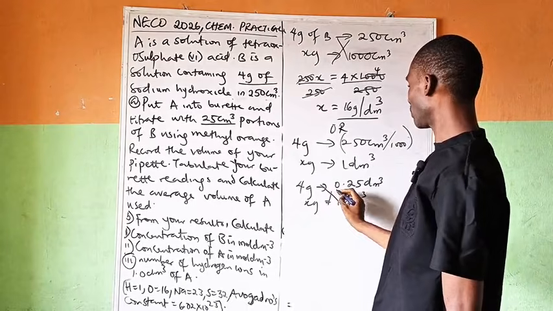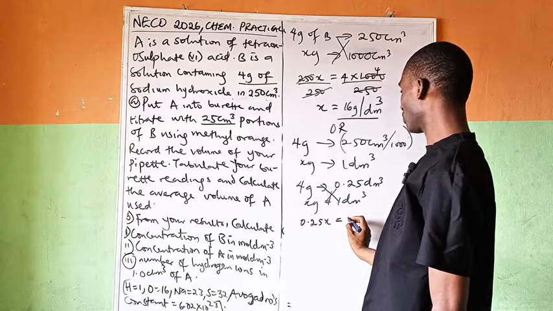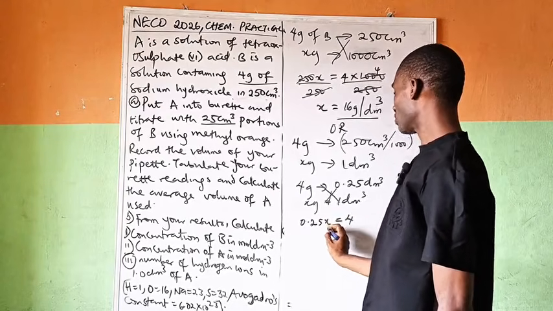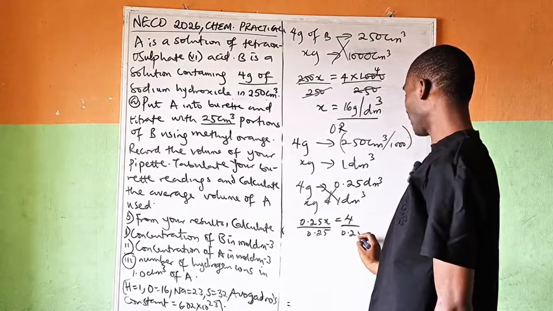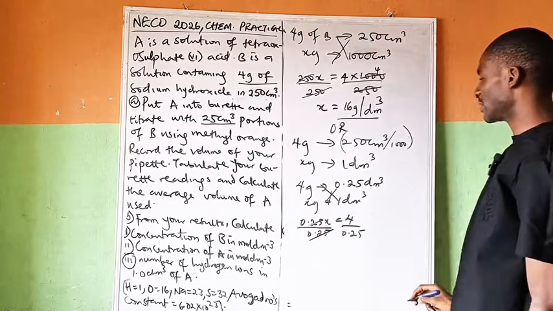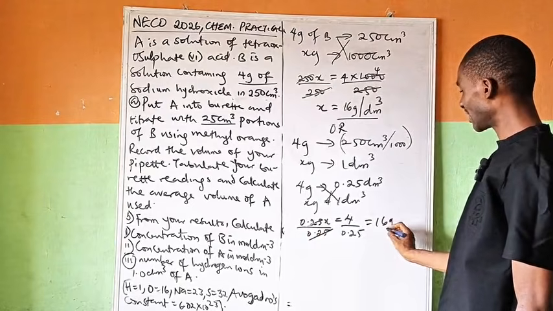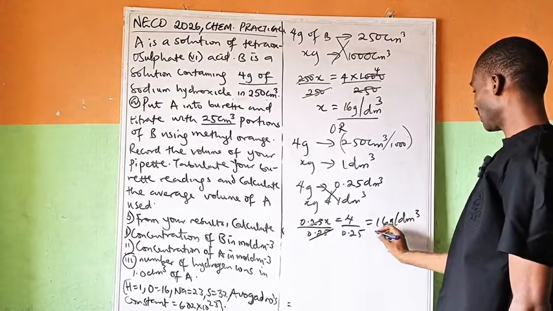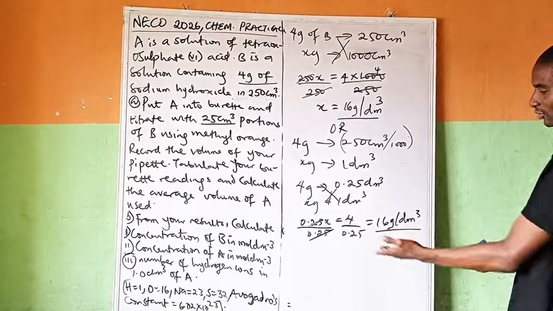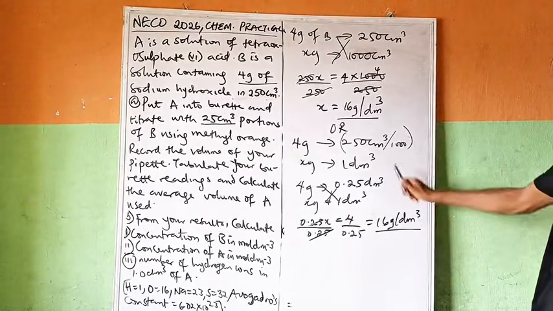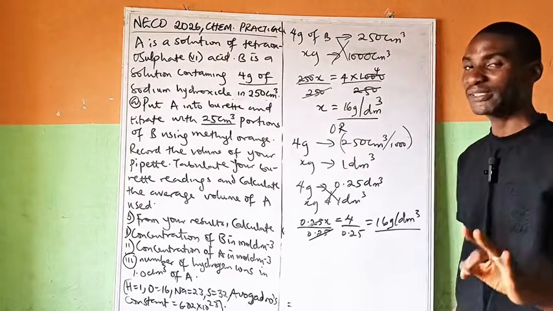So when you cross multiply, 0.25x is going to be equal to 4 times 1, 4. So you divide both sides by 0.25. When you divide it, our answer is going to be 16 grams per dm³. Because 0.25 times 16 means I'm dividing 16 by 4, so it's going to give me 4. So you get 16.